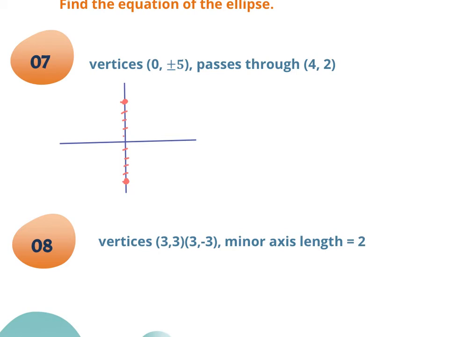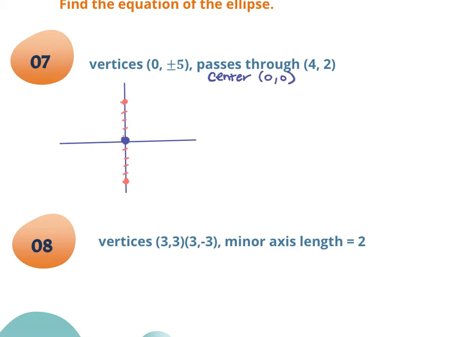No. How do I find the center? Halfway between those two. What's halfway between positive 5 and negative 5? 0. It's the midpoint of those two, right? If it wasn't obvious, I'd have to add the 2 x's, divide by 2, add the 2 y's, divide by 2. So center at 0, 0.